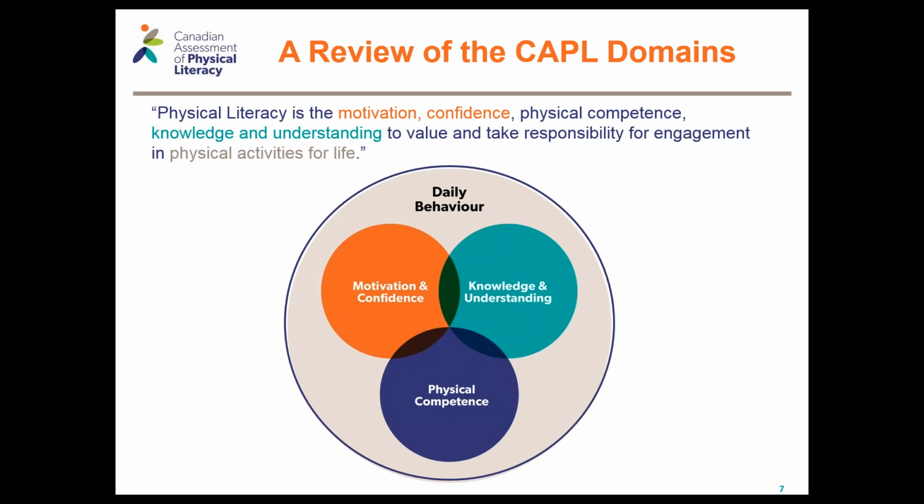As you can see, each aspect is related to the physical literacy definition. And just as a quick reminder, the 3 in the center are what is necessary for you to actually have the daily behavior component as well. That's why we have created the model in this fashion. We'll come back to each of these domains as we talk about the protocols a little bit later.